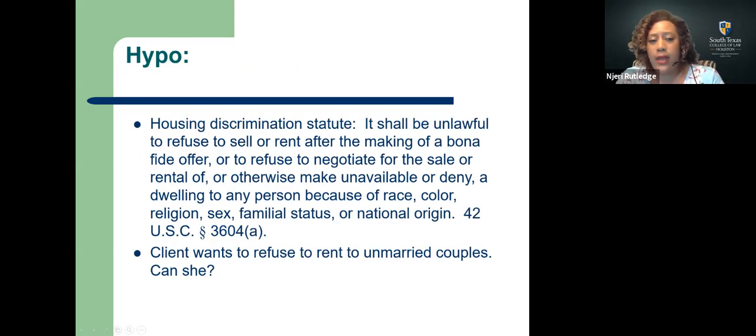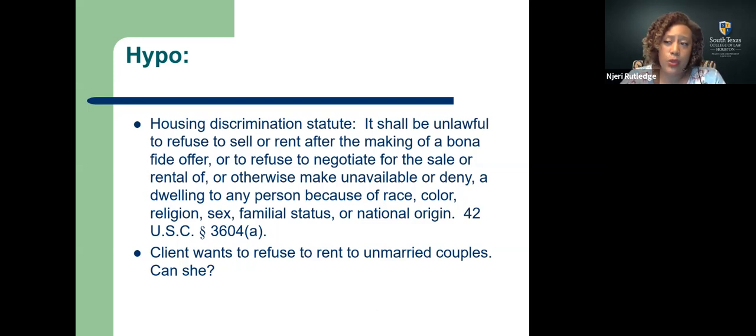Let me give you a hypothetical and give you a moment to consider it. Let's say there's a housing discrimination statute that reads, it shall be unlawful to refuse to sell or rent after the making of a bona fide offer, or to refuse to negotiate for the sale or rental of, or otherwise make unavailable or deny a dwelling to any person because of race, color, religion, sex, familial status, or national origin.